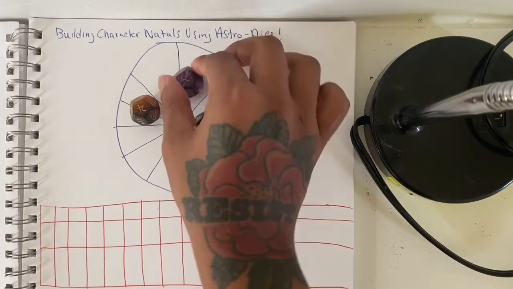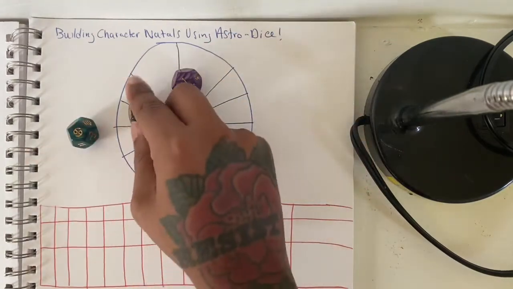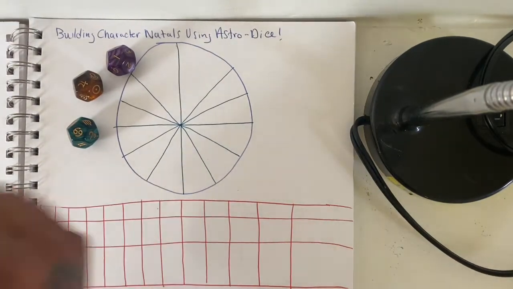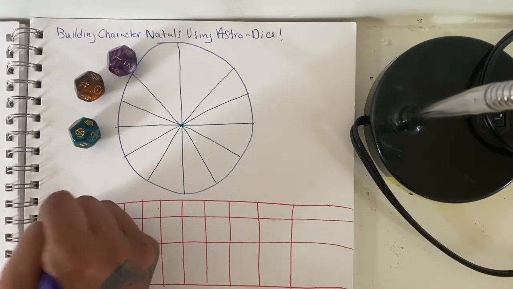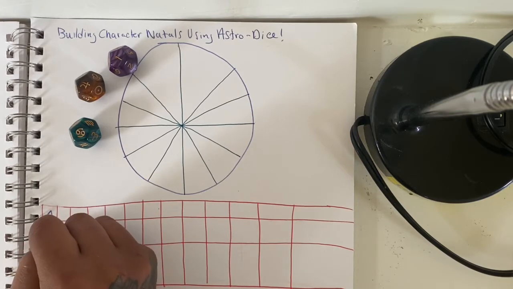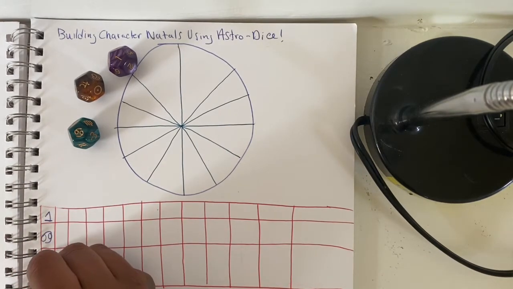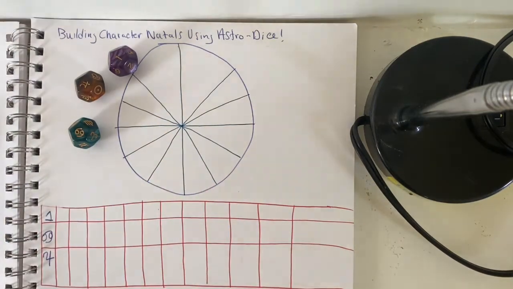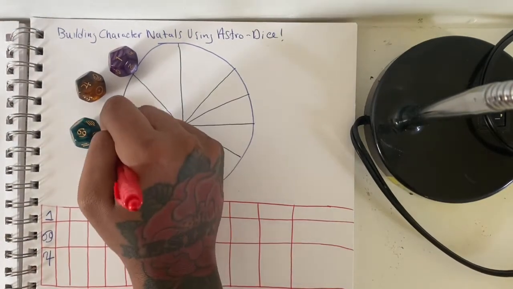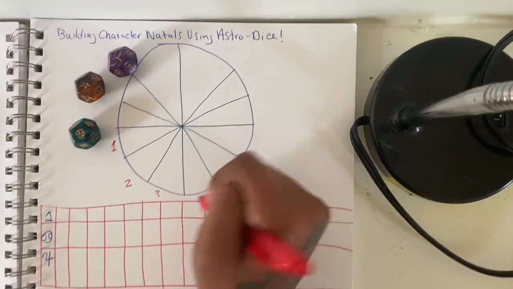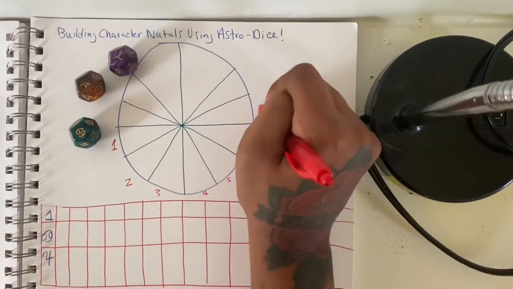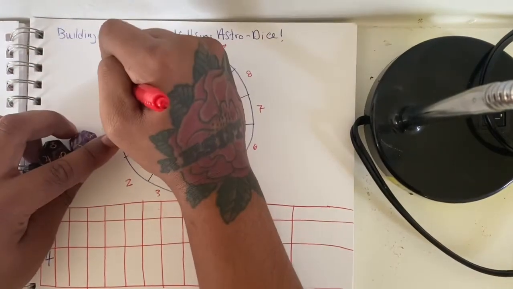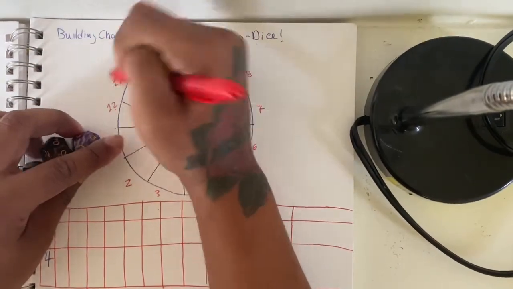All right, first house, we got a Cancer ascendant with Jupiter. So put that down here. Let's start one right here: 1, 2, 3, 4, 5, 6, 7, 8, 9, 10, 11, 12.